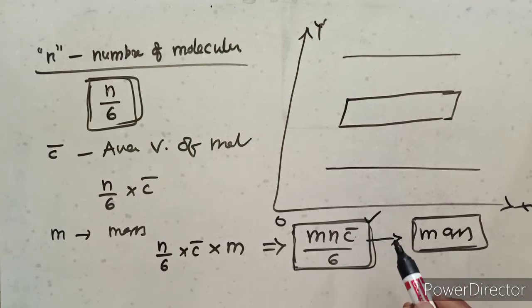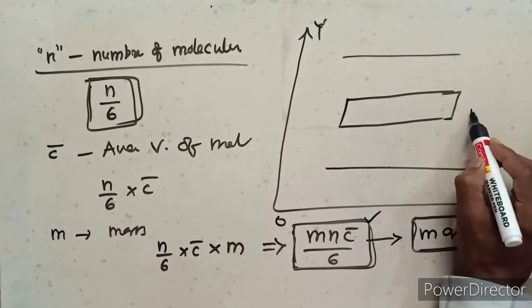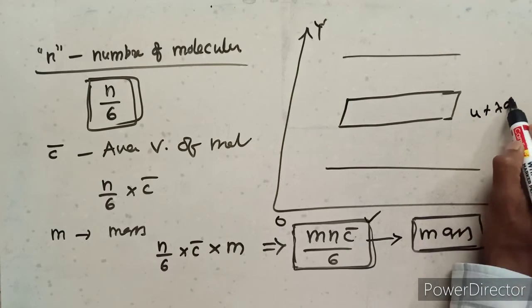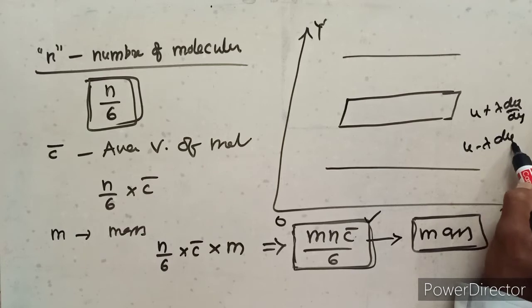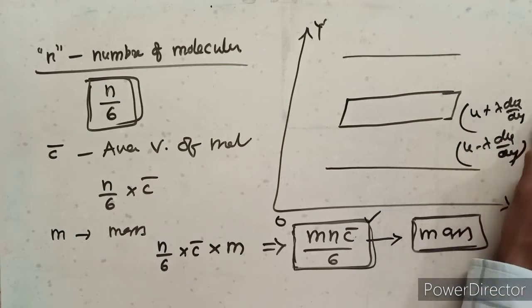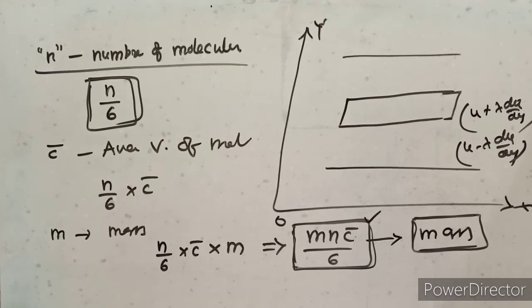Already we know the velocities, and this is the mass. So easily we have to find the momentum.